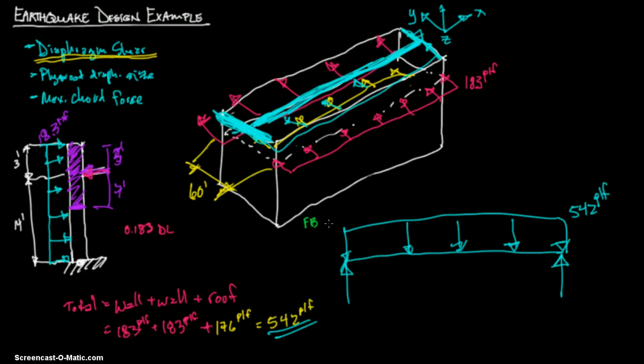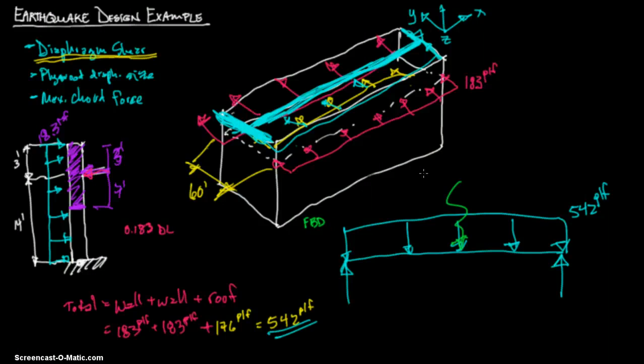Let's just say free body diagram. We go like this, and I'm going to get on my calculator. We know this is your equivalent load for this uniform distributed load. Well, that's not a dead load, it's called an earthquake load. It's a percentage of your dead load. That's how they look at earthquake loads.